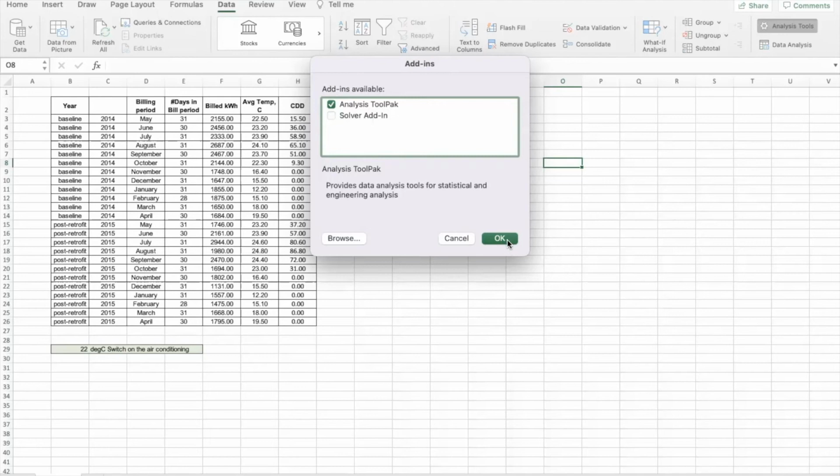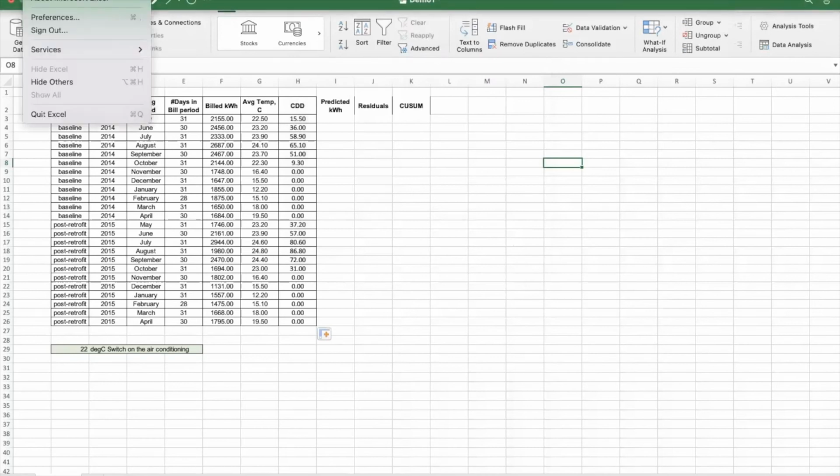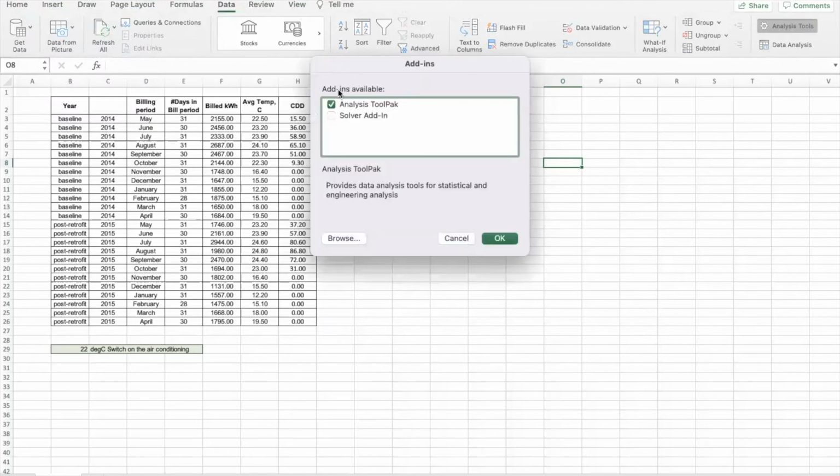Otherwise, you cannot use such analysis function. In the Windows version, as far as I remember, it is in the Excel settings. But if in the coming time you find difficulty finding this tick box, please feel free to contact me.